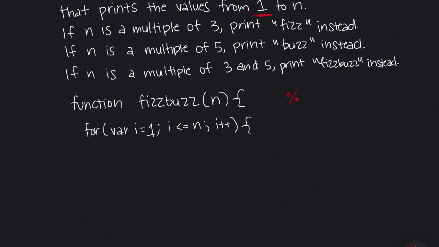So if we do 1 mod 3, we would get back 1 because 1 is not divisible by 3. But if we did 3 mod 1, then we would get back 0 because 3 is divisible by 1.